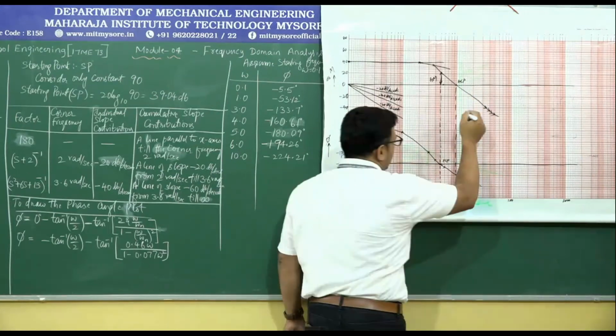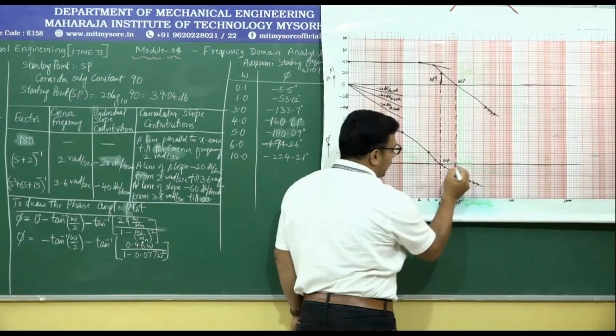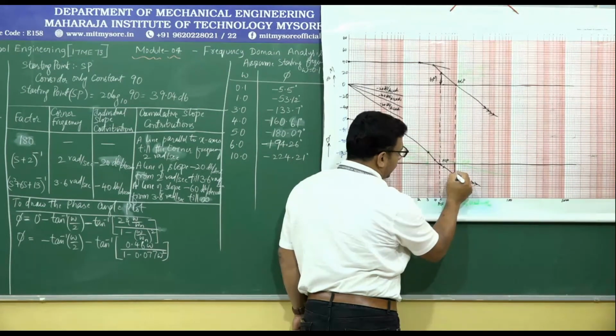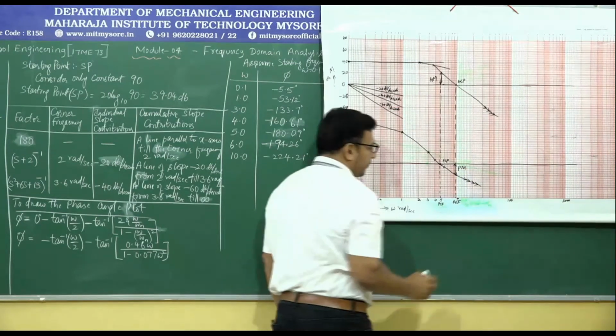And from the gain crossover point, if you extend a vertical line onto the phase angle plot to meet the minus 180 degree line, the distance is called the phase margin.